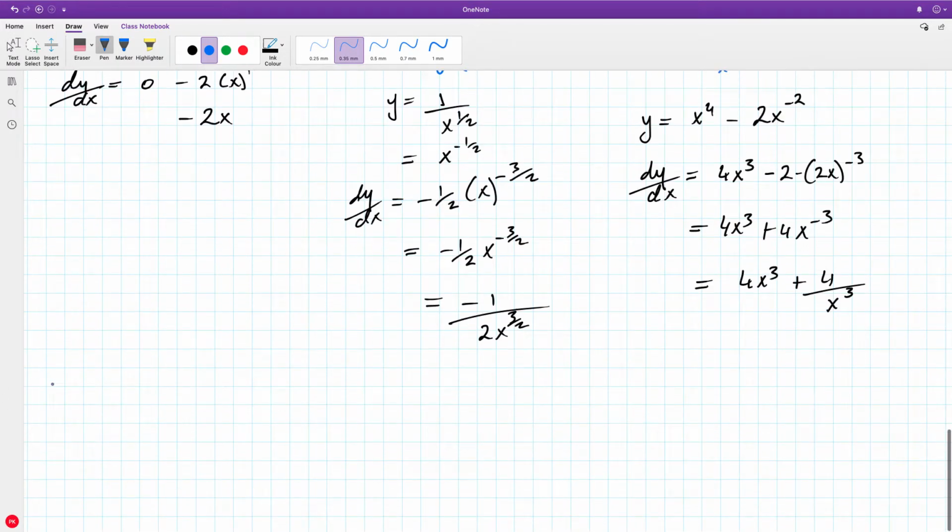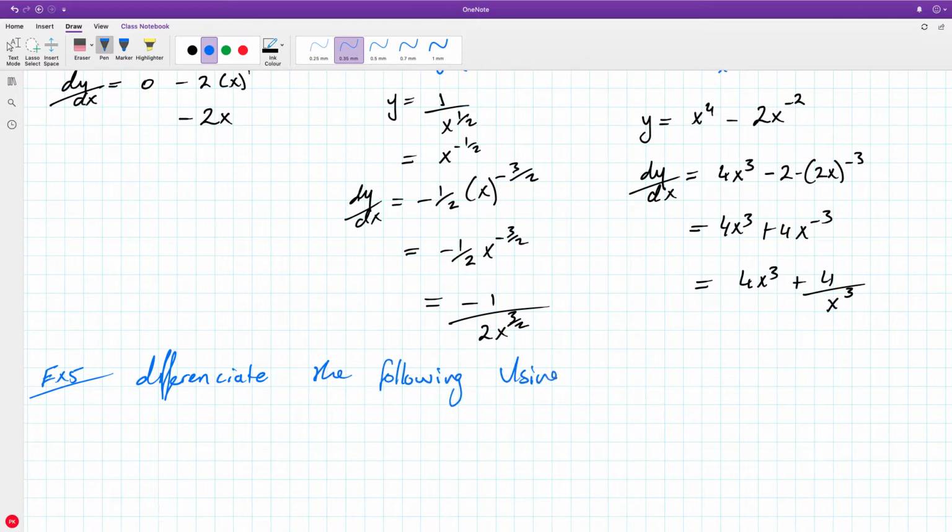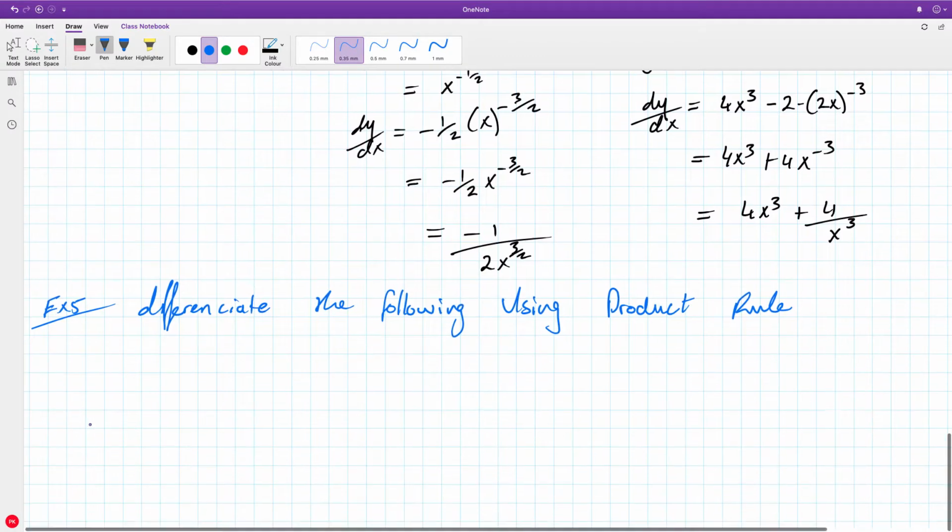Example 5. That's the basics of differentiation. You don't get much tougher on the basics than that. So, differentiate the following, use the product rule.